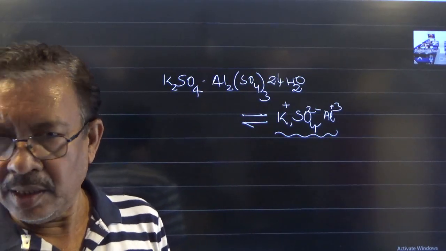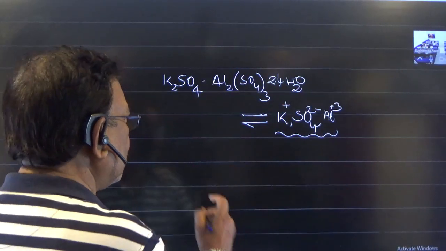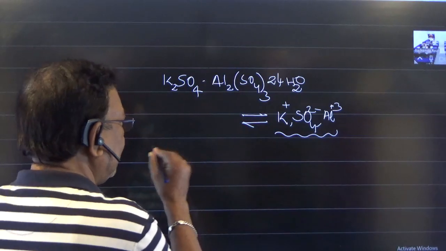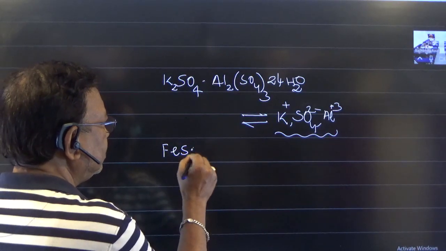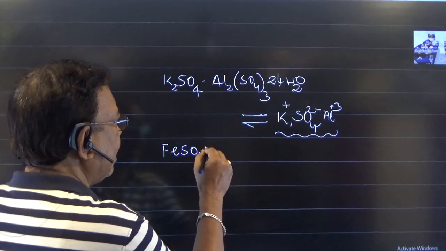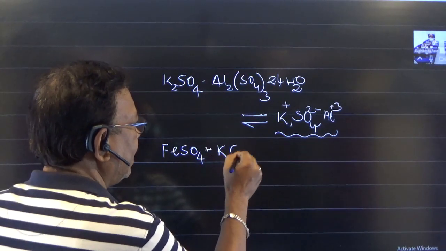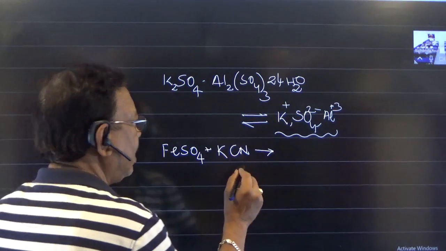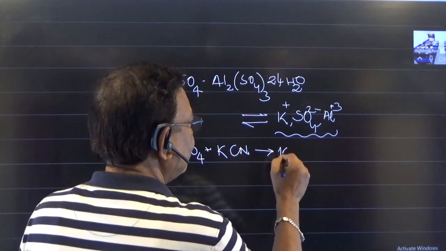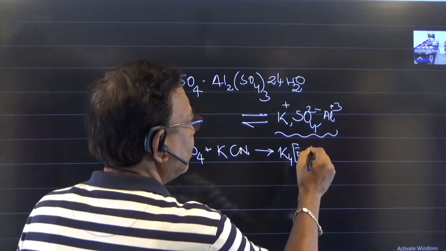Clear? Yes, sir. Now, next is ferrous sulfate whenever mixed with potassium cyanide. It does not form a double salt, it forms a complex salt.